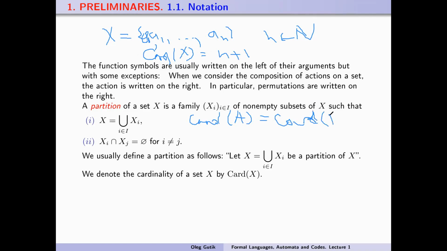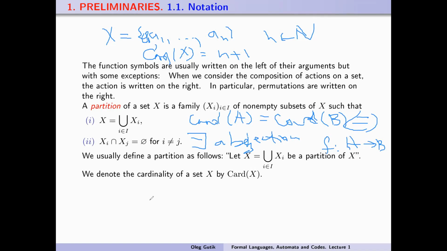The cardinality of A is equal to the cardinality of B if there exists a bijection from A onto B. And in this case, we shall say that A and B have the same cardinality.